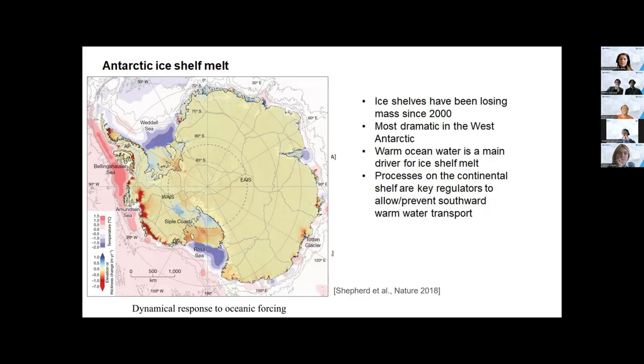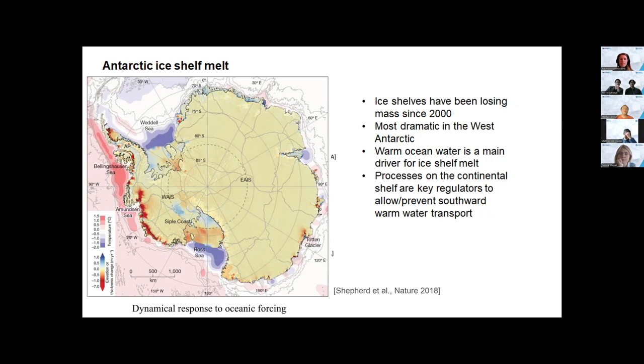And we see the dominant warm regions, as we just talked about, the warm shelves in the West Antarctic. And so this relates to enhanced melt of the ice shelves in this region. So that's displayed here also with the red colors around the fringes of the Antarctic continent.